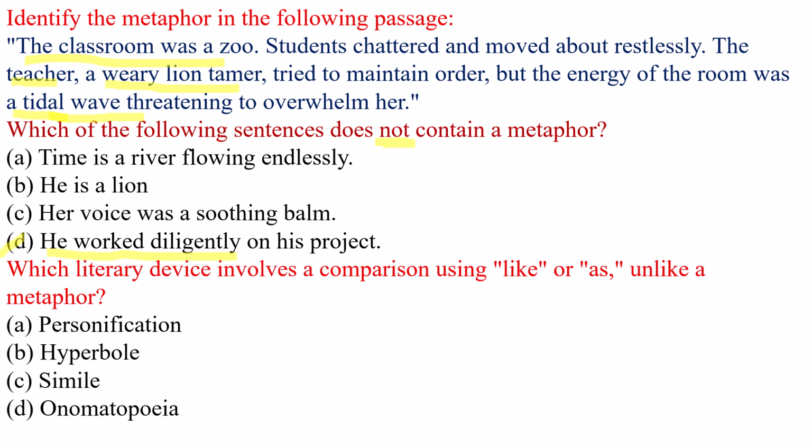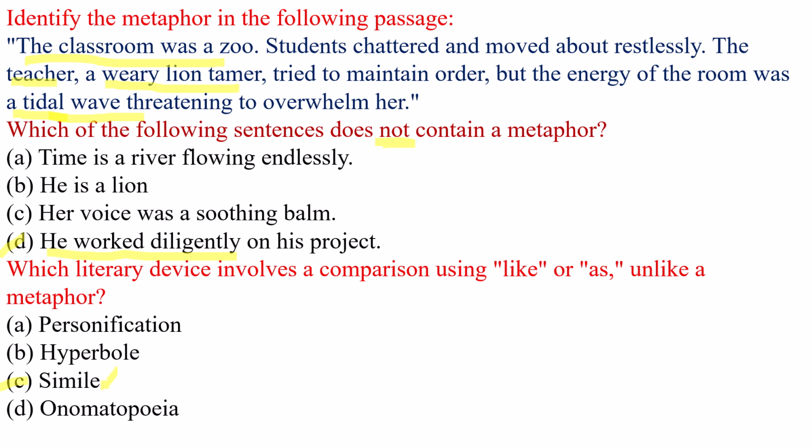So next question, nine. Which literary device involves a comparison using like or as, unlike a metaphor? So which literary device uses words such as like or as? Okay, already we learned that simile is the correct answer. Option A, personification.